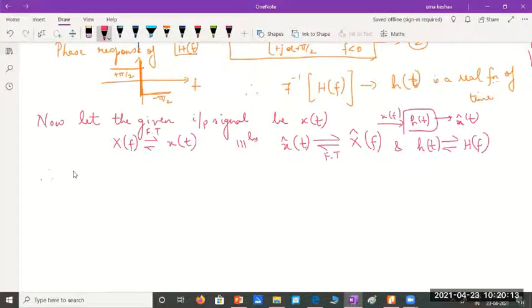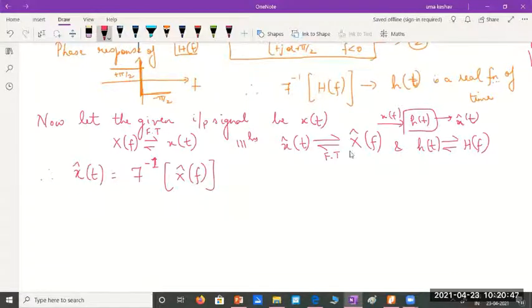Therefore, x cap of t is equal to, how do I find x cap of t if I know X cap of f? I have to take the inverse Fourier transform of X cap of f, right?